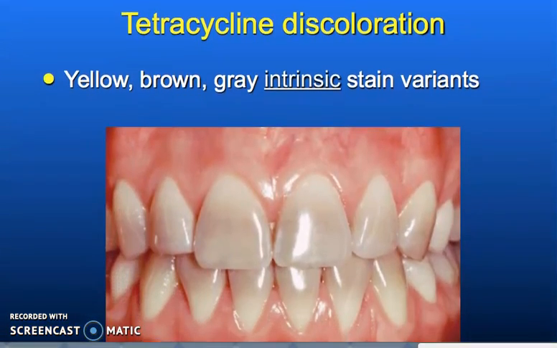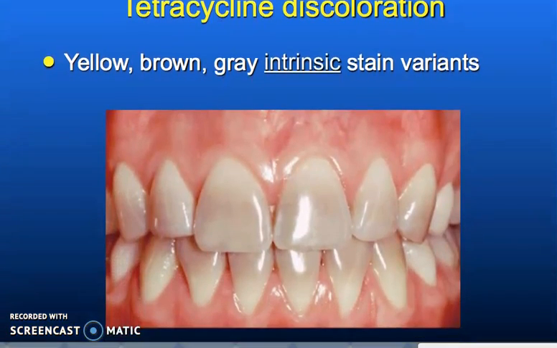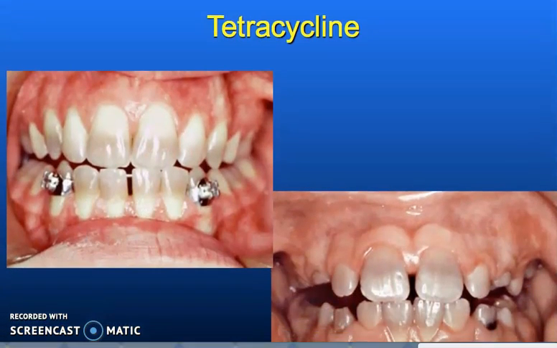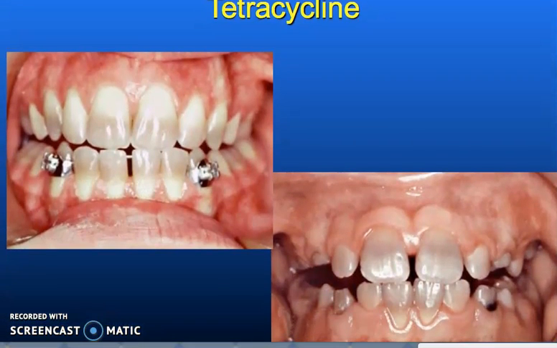So tetracycline discoloration, we've talked about this before. That's an intrinsic stain. So as you can see, the gray band across here. You also see tetracycline staining here. This is pretty normal. And then this is extensive.